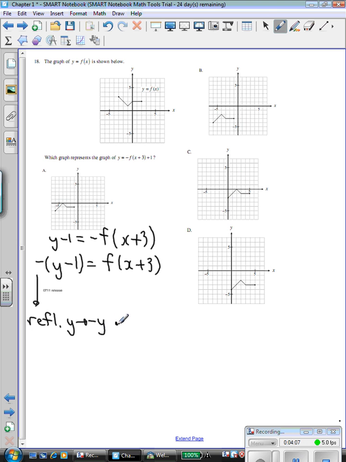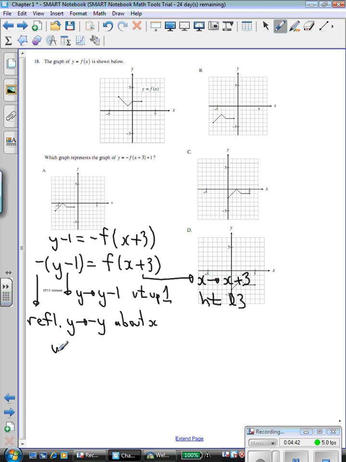It's a reflection about x. And that right there, y replaced with y minus 1, is a vertical translation up 1. This one right here that we haven't really talked about, x is replaced with x plus 3, is a horizontal translation left 3.